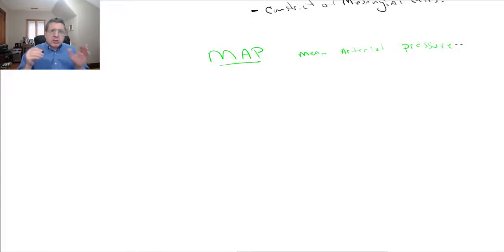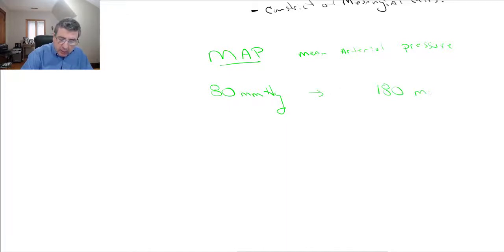And it responds to a range of the pressure. The range goes from a low of 80 millimeters of mercury to 180 millimeters of mercury. That's what it responds to. Now, 80 is going to be associated with a low blood pressure. 180 is going to be associated with a high blood pressure.